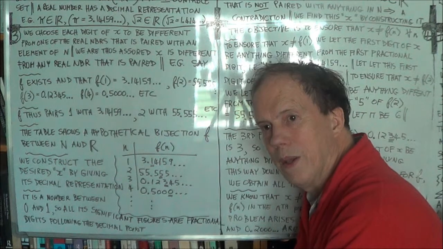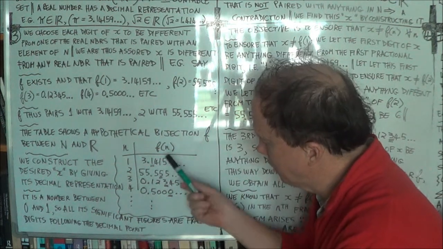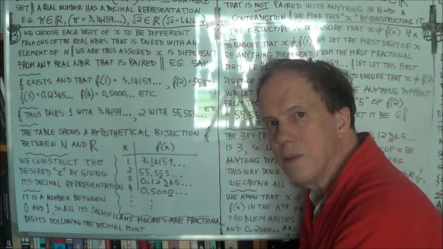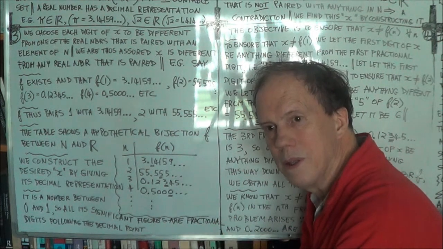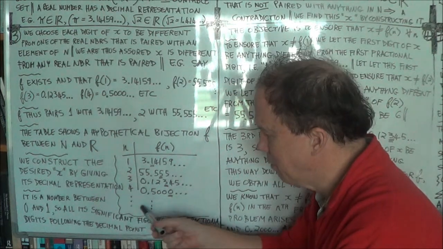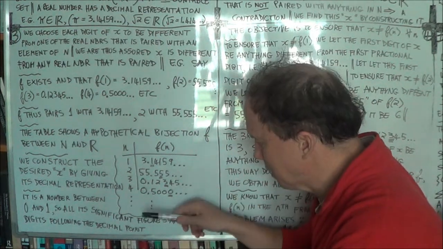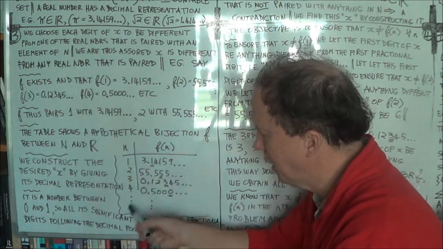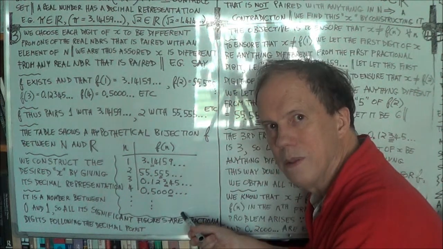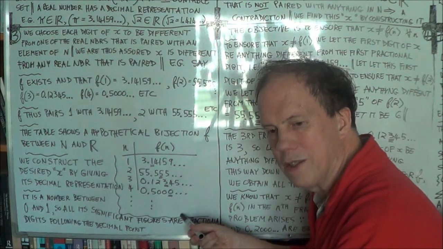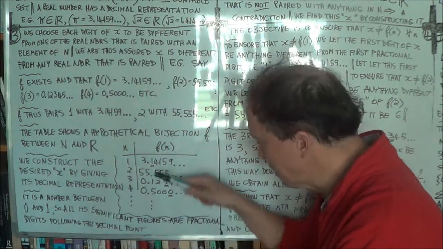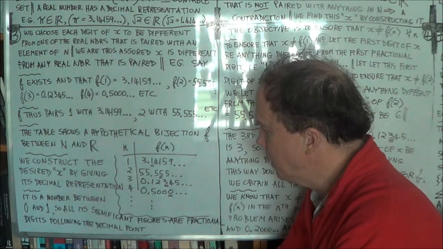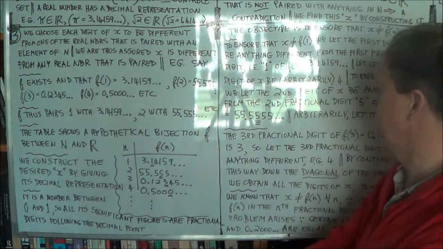Okay, and therefore it's a real that does not belong to this list. It's a real, but it is not mapped to. If it did belong to the list, there would be some integer n that mapped to it. But we've constructed an x that does not get mapped to, right? Because it's not in this list. Okay? So that's the essence of the proof.